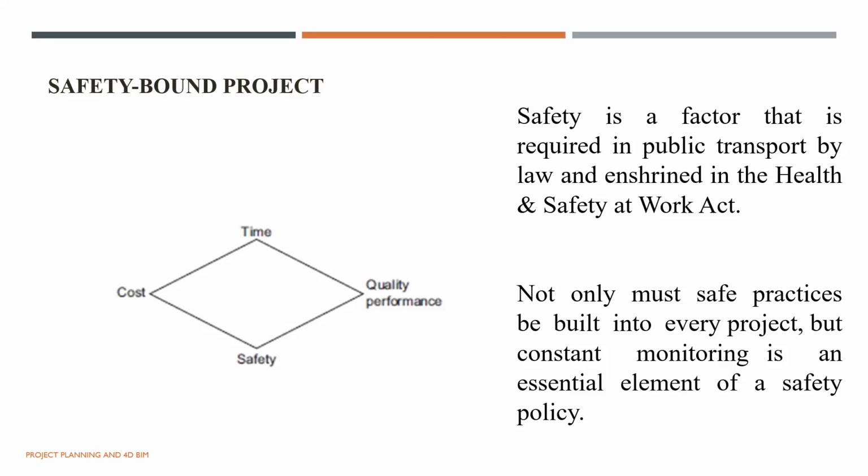Because of that, they include safety also under the constraints. So they give equal importance to cost, time, quality, and also to safety compared to these other projects. That's why nowadays we try to maintain the diamond as the project constraints to achieve the final output.